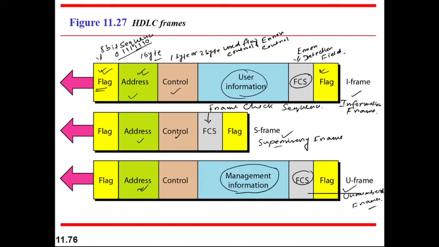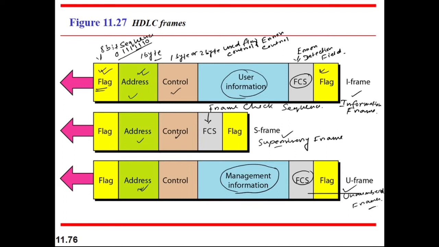Suppose I want to send data but the receiver is busy, so you have to just wait. This type of management scheme can be handled here. So the whole management information can be stored in the U frame, and now we can manage the overall network.